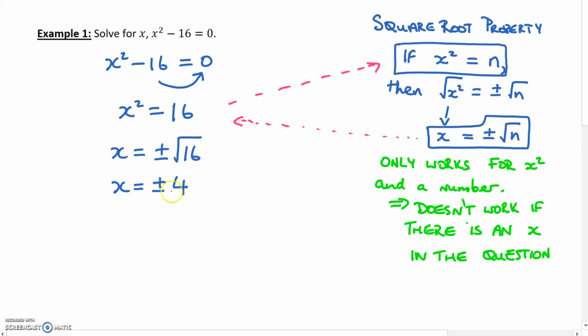Okay, now what does that mean, plus or minus? If it's the first time you've ever seen this, well, plus or minus means you accept both plus 4 as an answer and negative 4 as an answer.